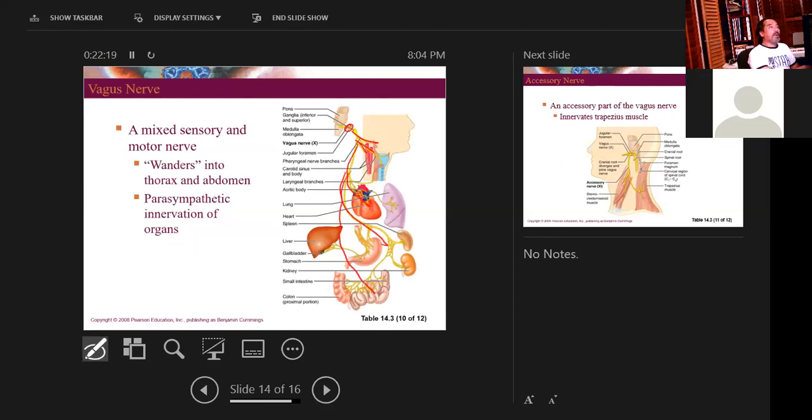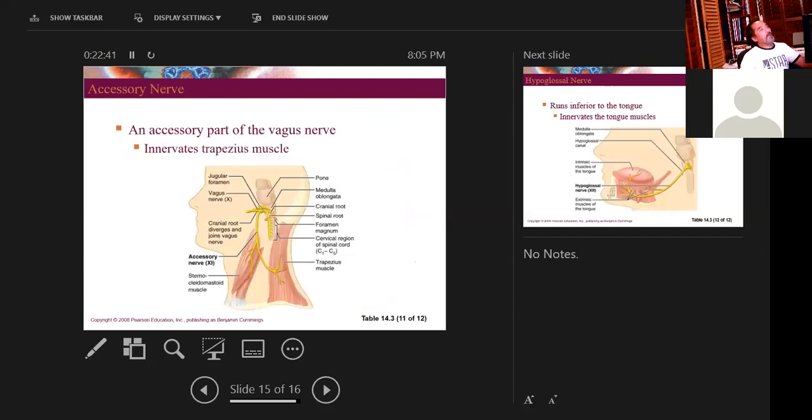That's why we call it the wandering nerve, because instead of just staying in the neck, it actually goes down into the different cavities of the body. Okay, so that's how far it is. And then later on, you're going to see it's actually part of the parasympathetic nervous system. That's number 10, vagus.